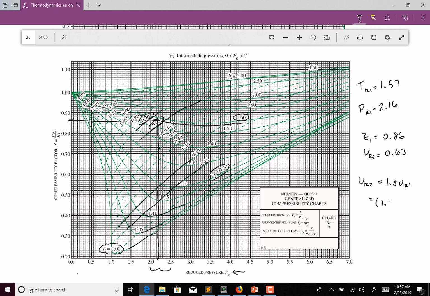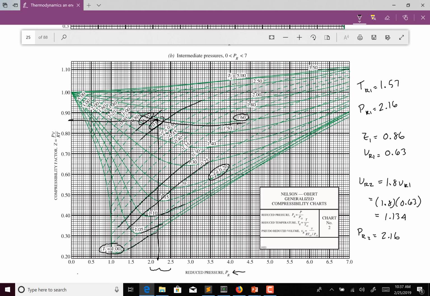So 1.8 multiplied by 0.63 is equal to 1.134. So now we know the reduced specific volume, I guess the pseudo-reduced volume, at state 2. We also know the reduced pressure because it's the same as the pressure at state 1, so this is still 2.16.